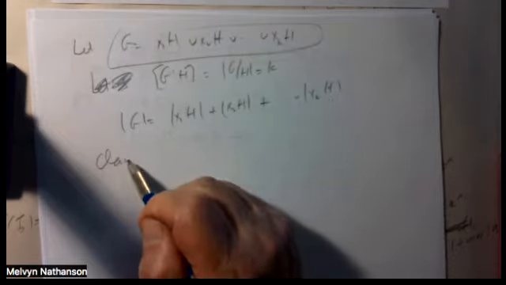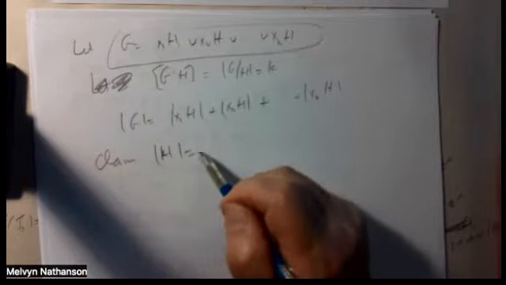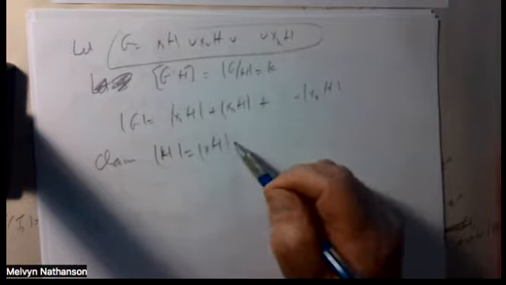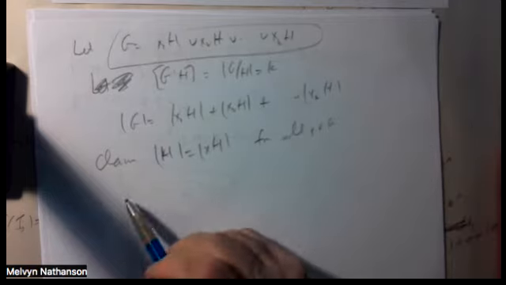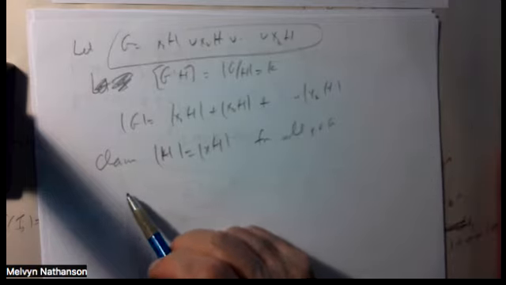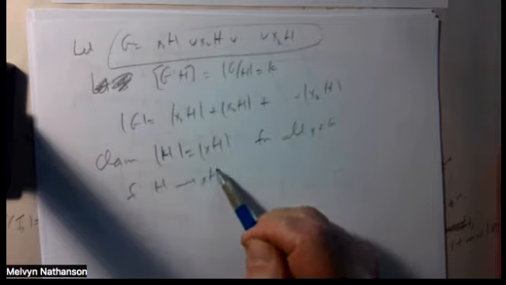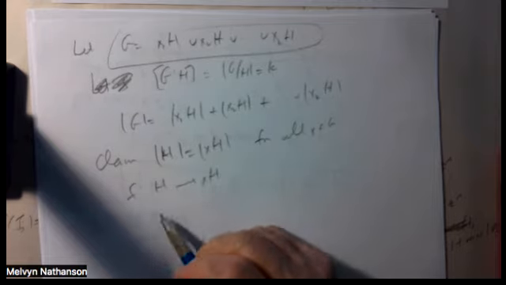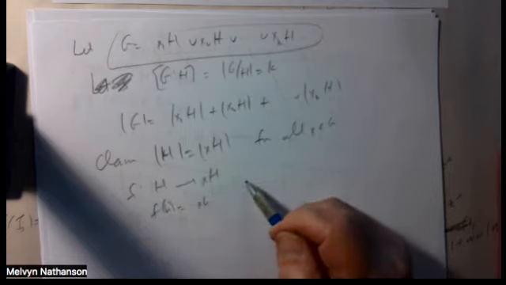But I claim the cardinality of the subgroup H is the cardinality of the left coset xH for all x in G. Because, for example, I can define a function f from H to xH, and just define it by f of an element h is equal to x times h.